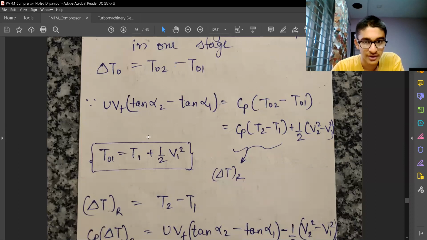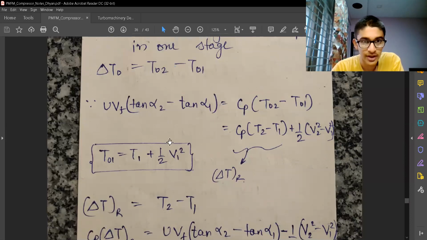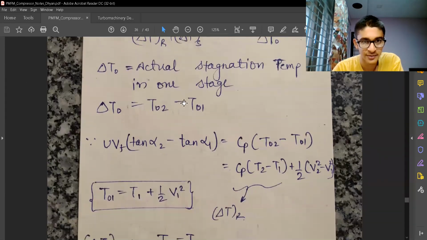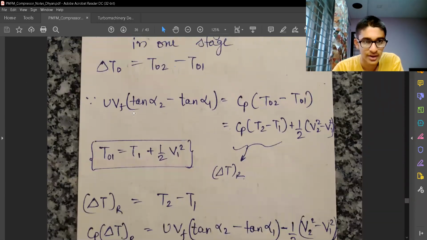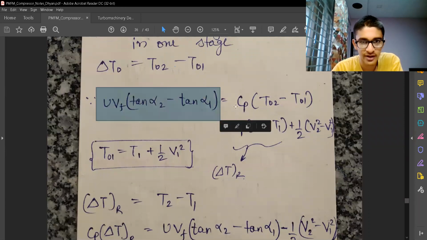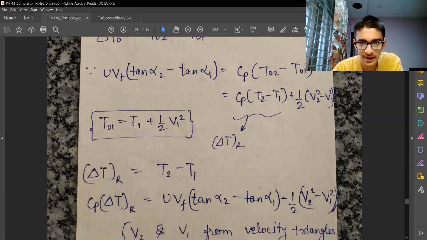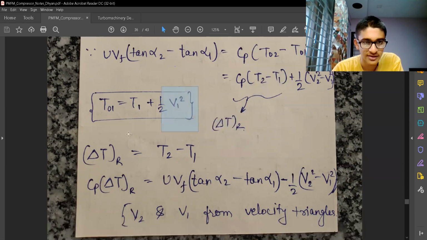Now we'll use the velocity triangle expressions to manipulate the delta T and get an easier expression for degree of reaction. We have known two expressions for work done. We have equated them, and we can get the delta T for rotor over here. So this delta T, T2 minus T1, is the delta T in rotor. We also know how the total temperatures were defined.